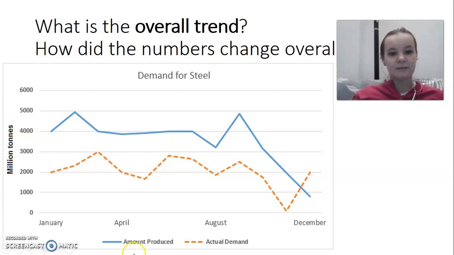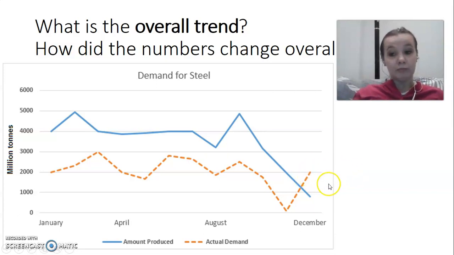So you can see that for amount produced, it was 4,000 million tons. It became a bit lower than 1,000 million tons. So the amount of steel produced shows a decreasing, downward trend. Let's look at the actual demand. It was 2,000 million tons in January, and in December, it's also 2,000 million tons.